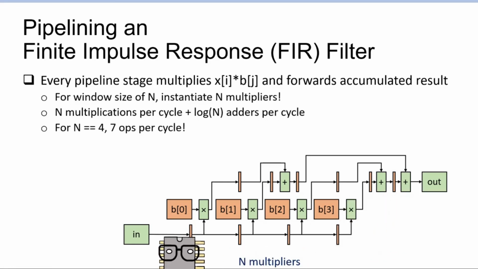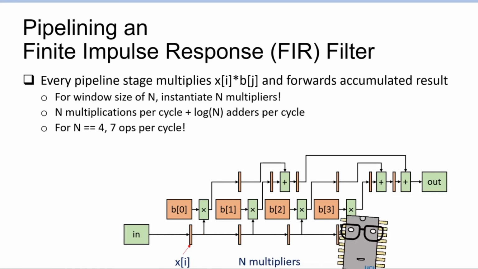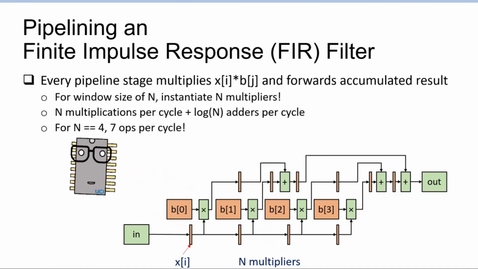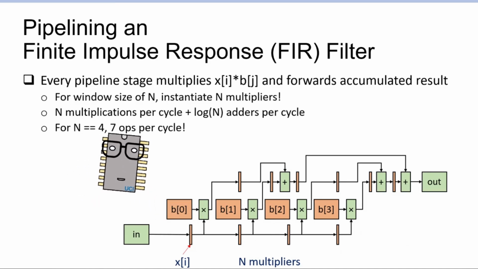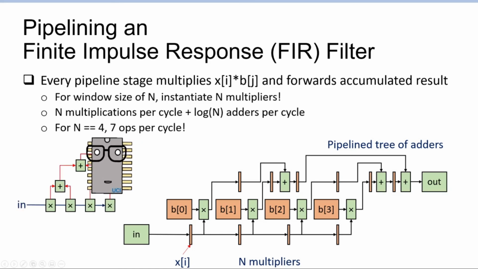As long as this pipeline is completely filled, every cycle we are doing n multiplications and n minus 1 additions. So here we're doing 4 multiplications and 3 additions per cycle. So for n of 4, we're doing 7 ops per cycle, as opposed to 1 op per cycle from the previous approach.